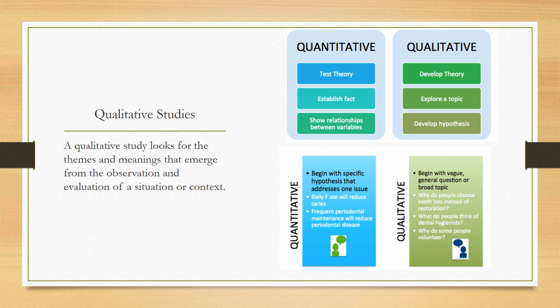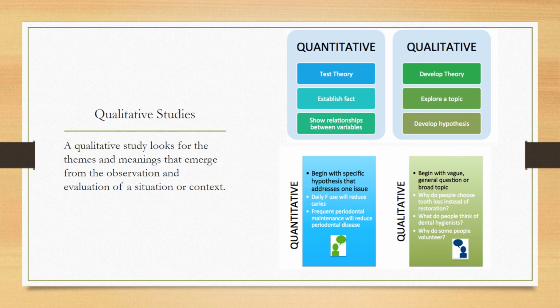So it's easy to see the comparison summaries of differences in purpose, questions, methods, and outcomes, quantitative versus qualitative. With quantitative, you've got the testing, the theory, establishing facts, and you show relationships between variables. With qualitative, which is what we're talking about, it's actually developing theory, exploring a topic, and developing a hypothesis.